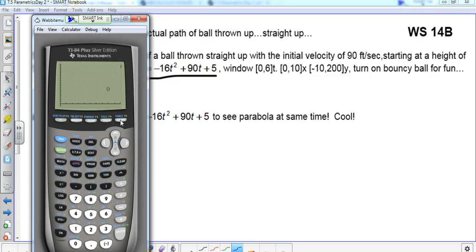It slows down and stops. And what happens as it approaches the ground again? It gets faster. It's accelerating. Is that real life, guys? Okay, that's physics, right? When you throw the ball up, gravity causes it to accelerate as it comes down. It actually has an instantaneous speed at the very top of 0.